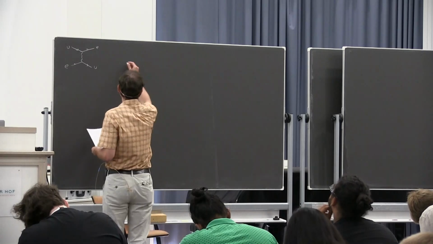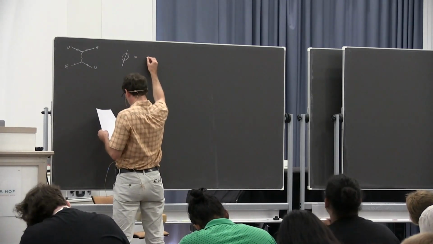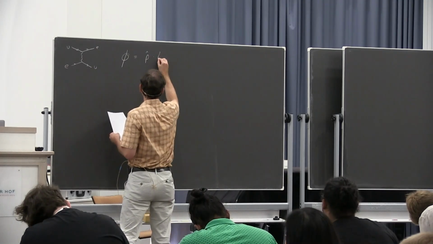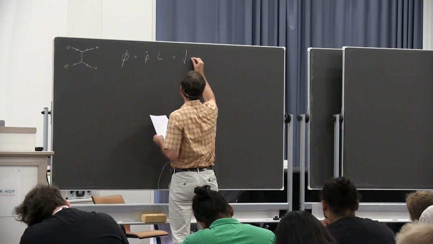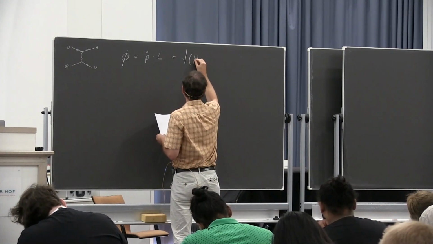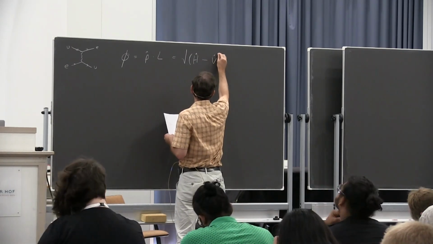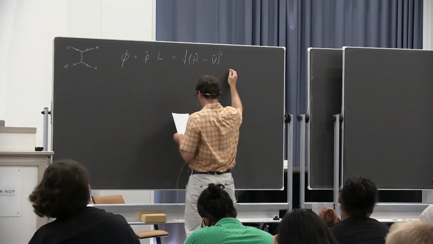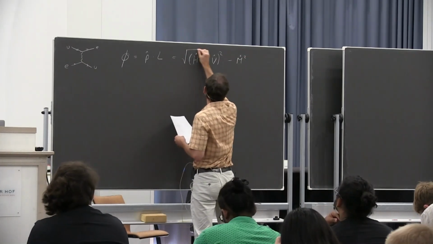And we've then plugged this potential into the neutrino oscillation phase. So this phase is given by P dot L, where P is the momentum operator. And if we express this in terms of the energy, the energy is given by the Hamiltonian minus the potential, because we want only the kinetic energy, minus the mass matrix squared.